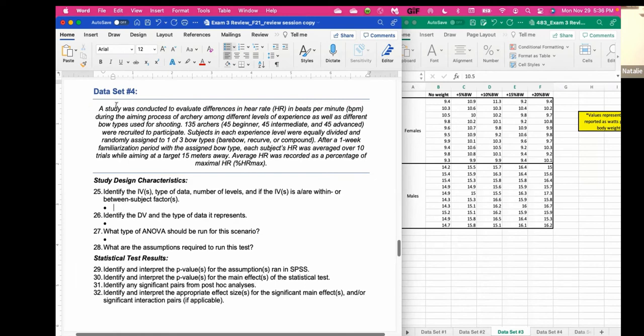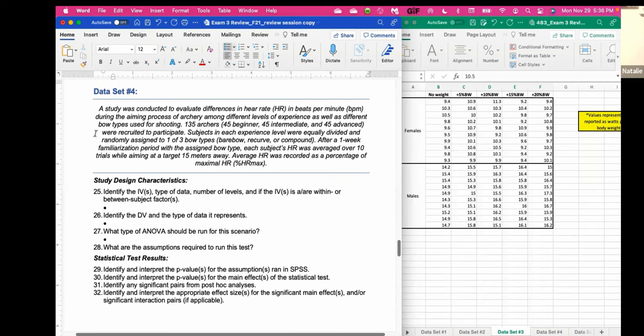So this research scenario says a study was conducted to evaluate the differences in heart rate in beats per minute during the aiming process of archery among different levels of experience, as well as different bow types used for shooting. We have 135 archers, 45 beginner, 45 intermediate, and 45 advanced that were recruited to participate.